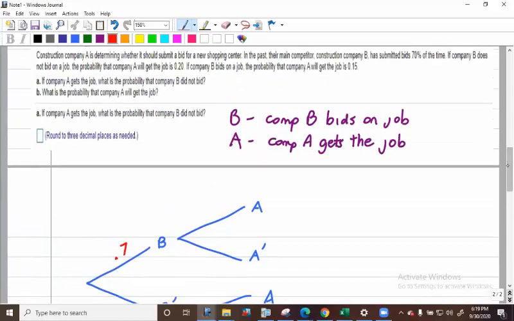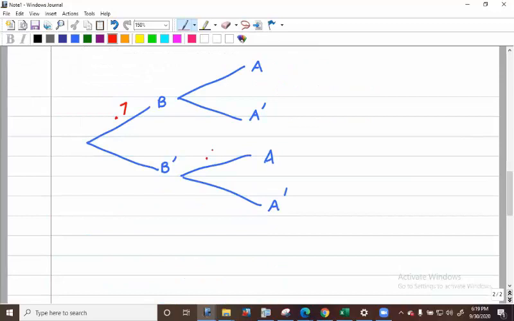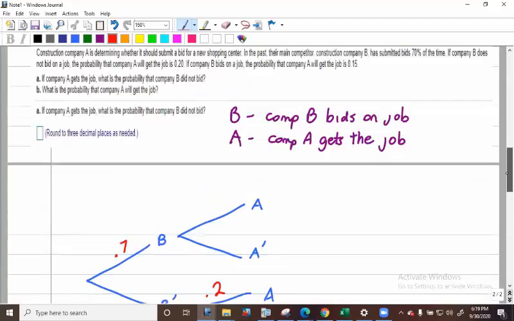Let's see, if the company does not bid on the job, so we're going the B prime route, the probability that company A will get the job is 0.2. So the probability of A getting the job coming from B not bidding would be 0.2, right there. So obviously they've got to give me a number for that top part.